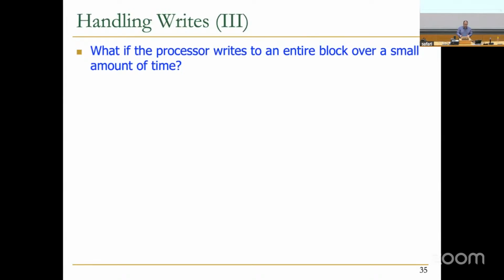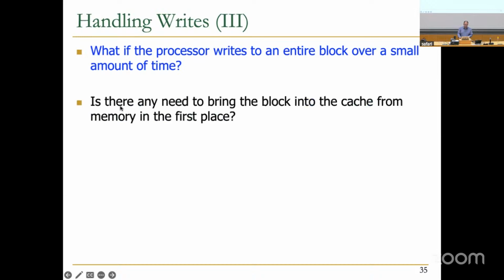Another important question in handling writes is: what if the processor writes to an entire block over a small amount of time? Basically, is there any need to bring the block into the cache from memory in the first place? The processor wants to write to an entire block, but over some amount of time.